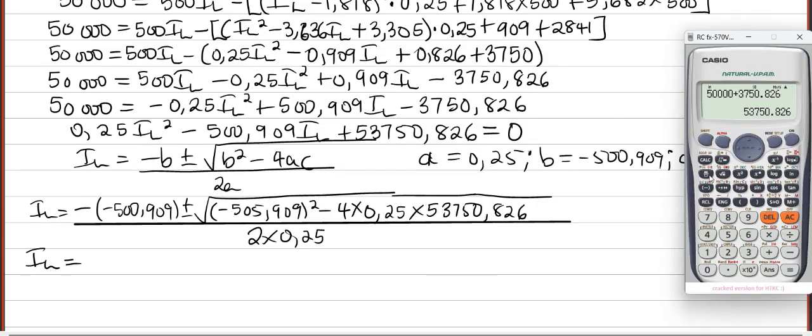So here we have minus open bracket minus 500,909 plus the square root of minus 500,909 squared minus 4 times 0.25 times 53750,826 over 2 times 0.25.